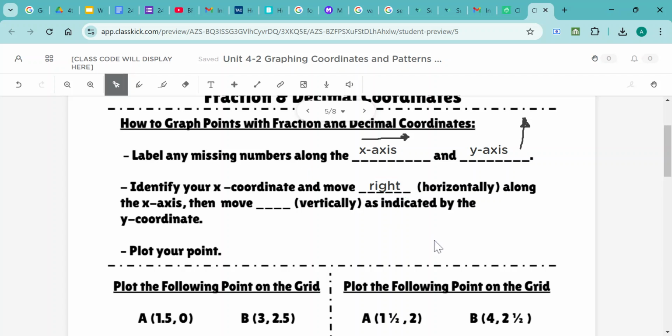After we decide how far we need to move, however far that x-coordinate tells us to move, then we're going to move vertically or up from that point, however far our y-coordinate tells us to move up. So we're going to identify the x-coordinate, move that far, stop, and then move up however far our y-coordinate tells us to move up, and then we plot our point. Step 3, we just put our point right there.